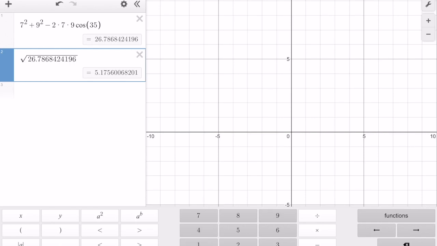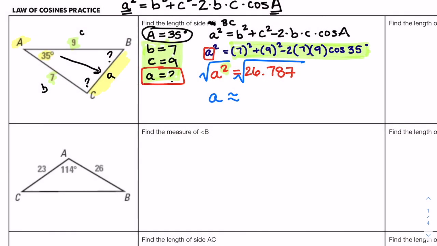The more decimals you put, the more precise your answer will be. So I recommend putting as many as you can. But even if you only put 26.787, you'll get pretty close. So I would say the answer is 5.176. So a is approximately 5.176 units.